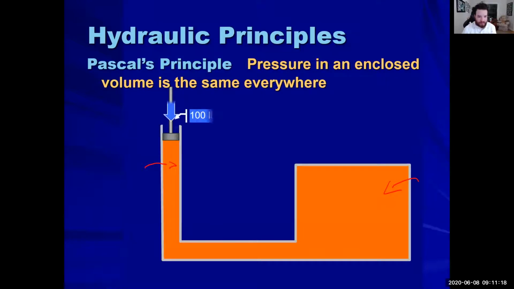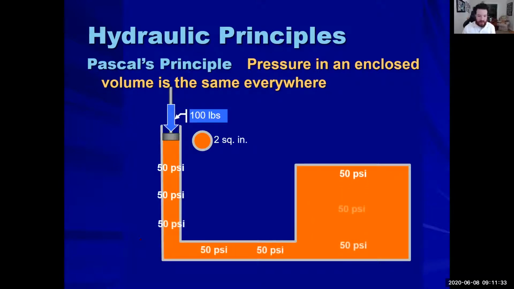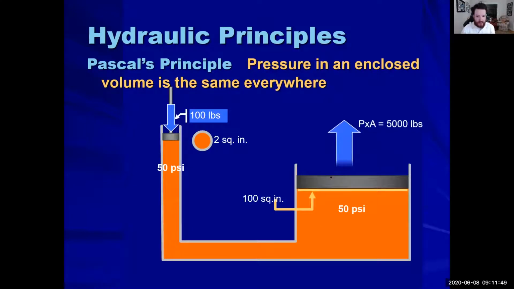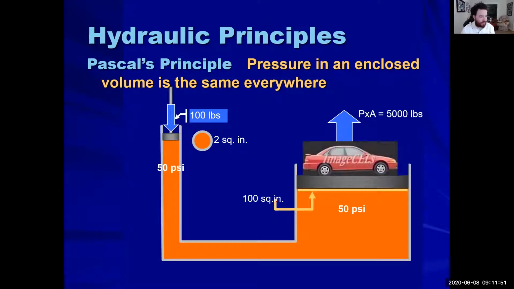So we have 100 pounds going down on 2 square inches. That's going to equal 50 PSI. And that 50 PSI is spread over the entire area, no matter where you take a pressure reading. So we have a plate with 100 square inches, and we have a car sitting on top of that plate.